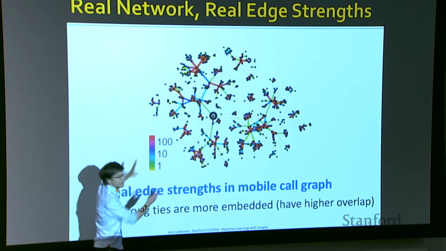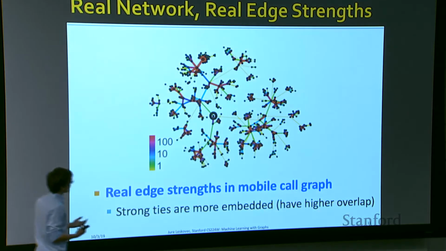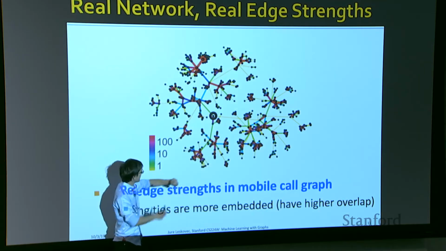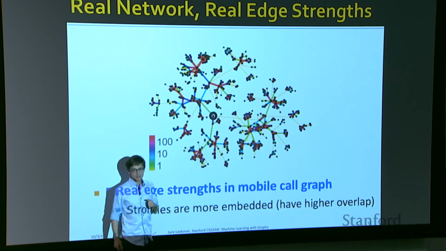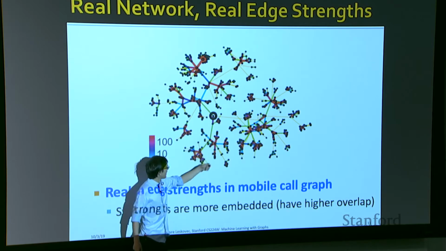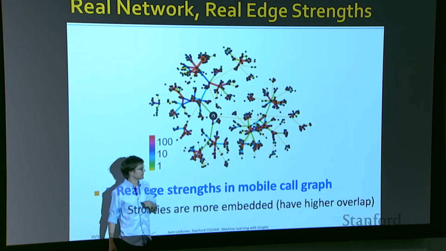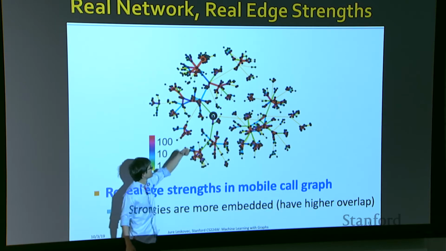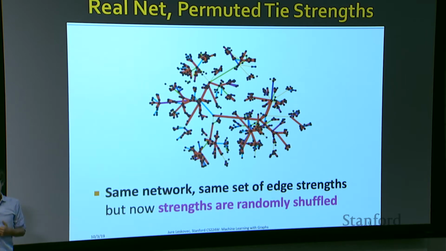And this is one way to see it, but a very striking way to see it is to say, how would this network look like if I visualize it the same, but I randomly permute edge strengths, right? So I would randomly assign, I would say I have, I don't know, 700 red edges, let me just randomly color them. And then I have 400 yellow edges, let me randomly color them, right? And if you do that, this is how this looks like, right?